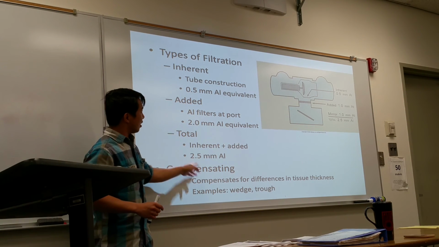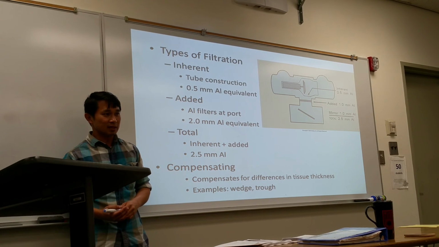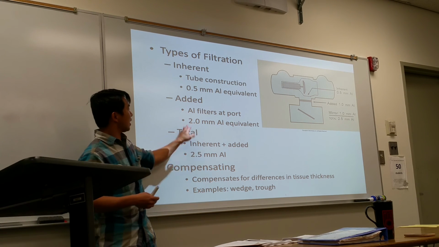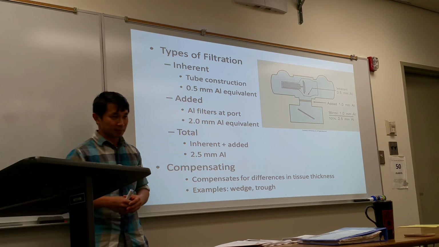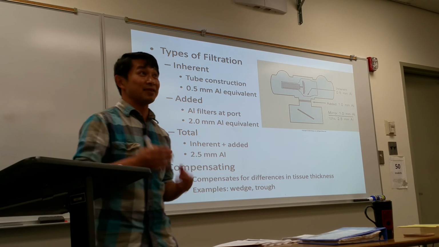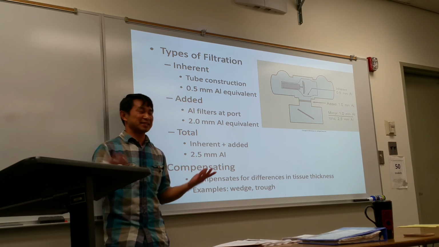So for a total of 2.5 millimeter aluminum equivalent. That's the minimum by regulation, adding inherent and added together. There are different types of filters that we could use, and honestly, I haven't used a filter in years. It's all computerized.